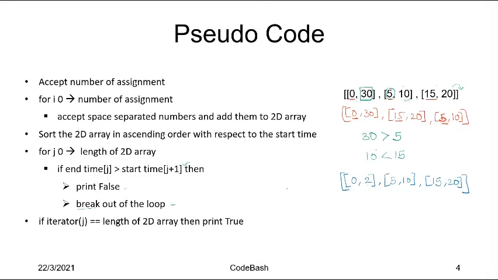So here this condition will never hold true, because you can see 2 is less than 5, and 10 is also less than 15. So what will happen, our j is first over here. Now this condition isn't satisfied, so it gets incremented without breaking out of the loop. Now again here the condition isn't satisfied, so our j changes to this now.